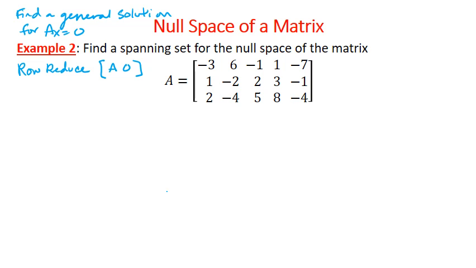So remember, A0 is matrix A with a 0 column. If I row reduce this, I'm waving my hands here just for the sake of time, I will end up with the following matrix.